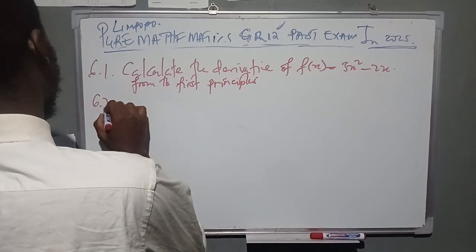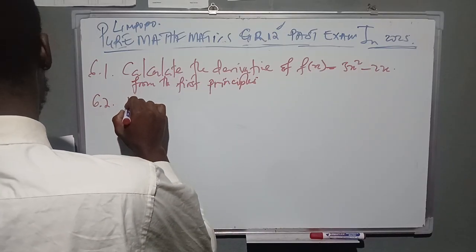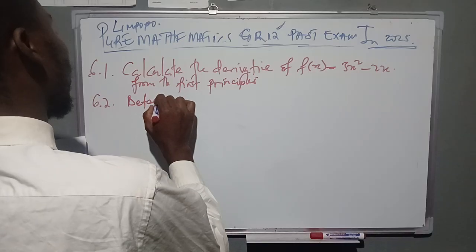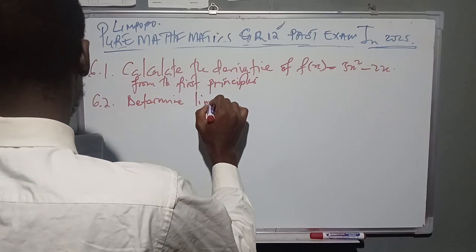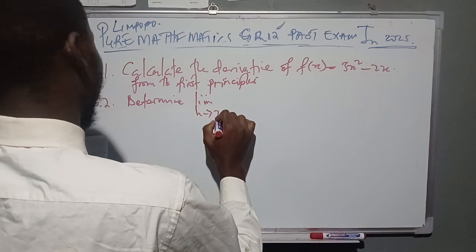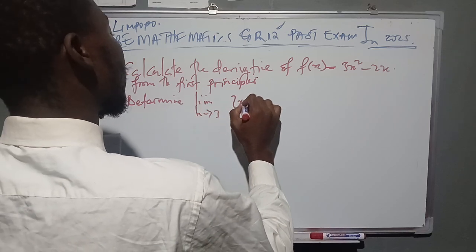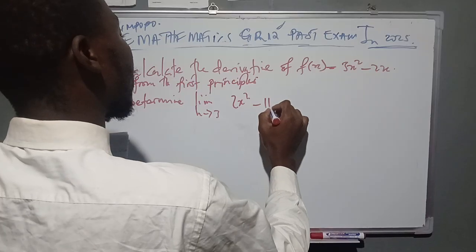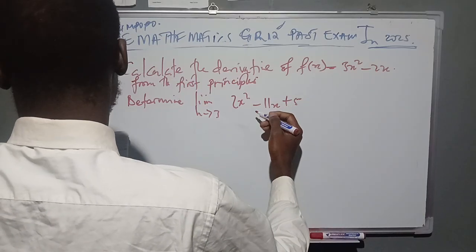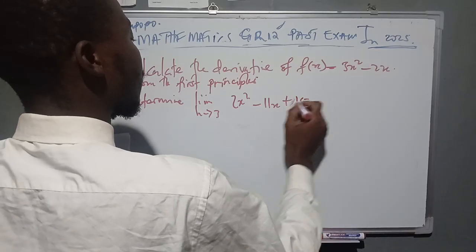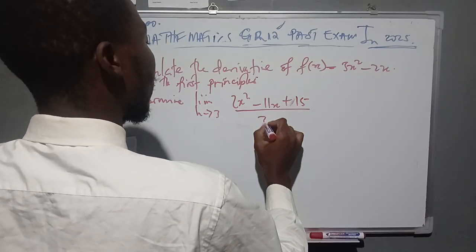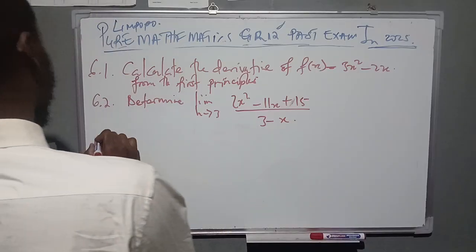Then 6.2, it was saying determine the limit as x approaches 3 of 2x squared minus 11x plus 15 over 3 minus x.